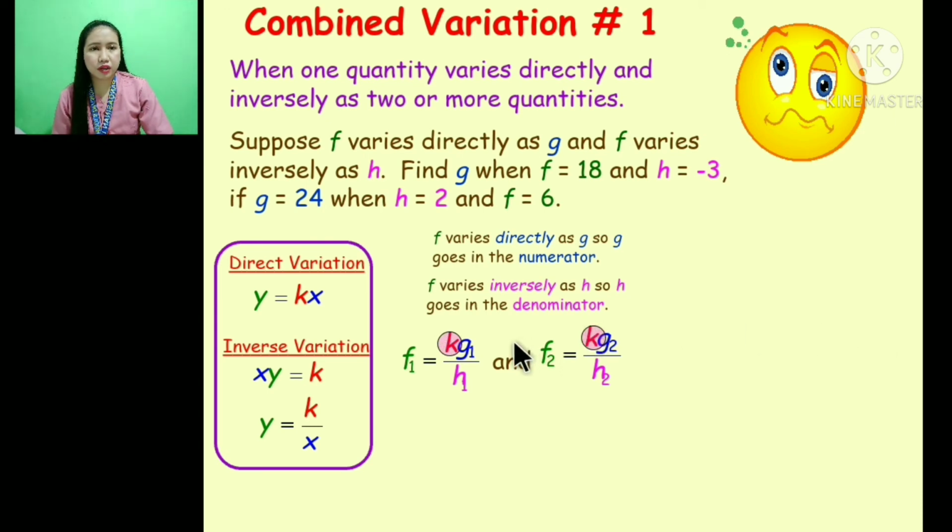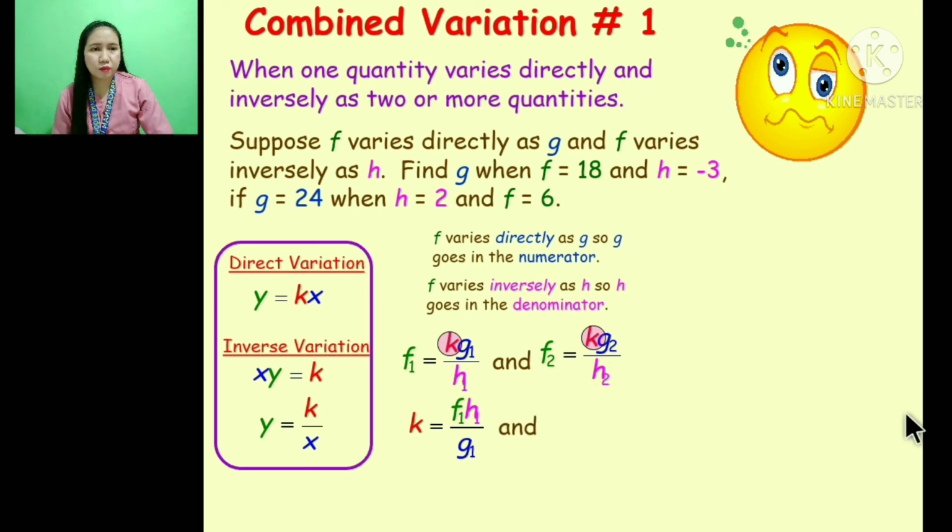So we have here the constant. If we're going to find the constant here, we have now the new equation, k is equal to f sub 1 times h sub 1 divided by g sub 1.